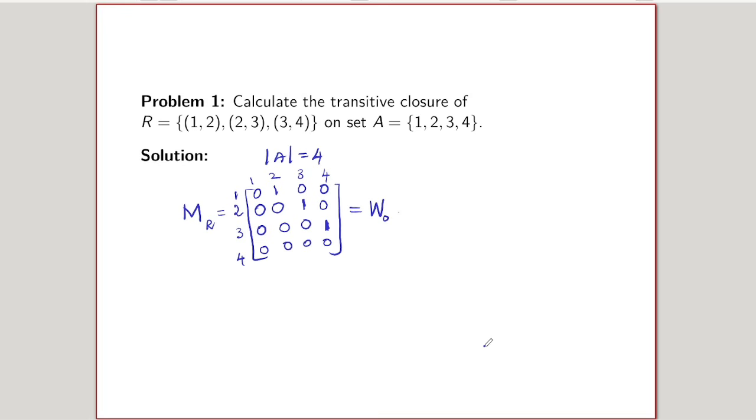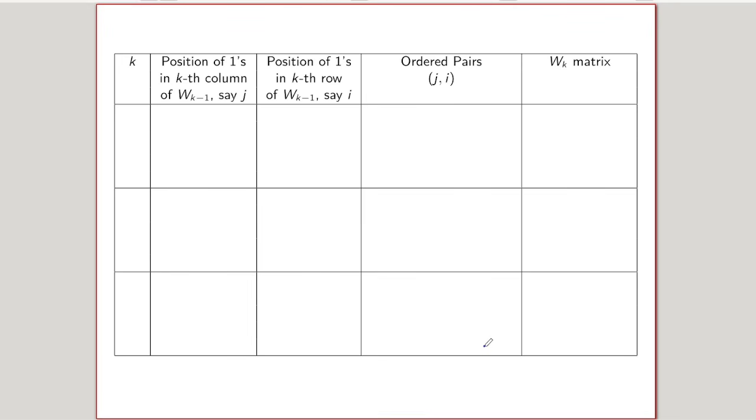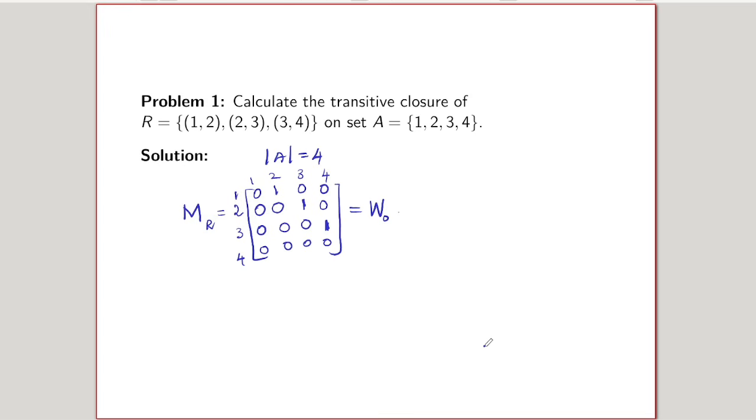Next one, we have to find further matrices Wk. So let us take k equal to 1. So Wk minus 1 will be W0 matrix. In W0 we have to see the first column. See this first column, and we have to mention the places where we are having 1.